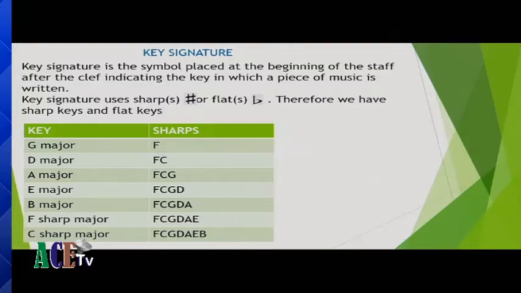The second one is D major, which is 2 sharps, F and C.